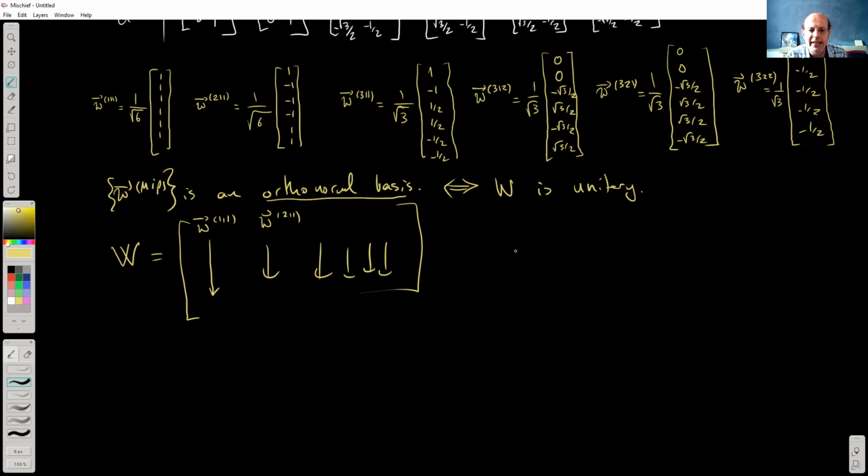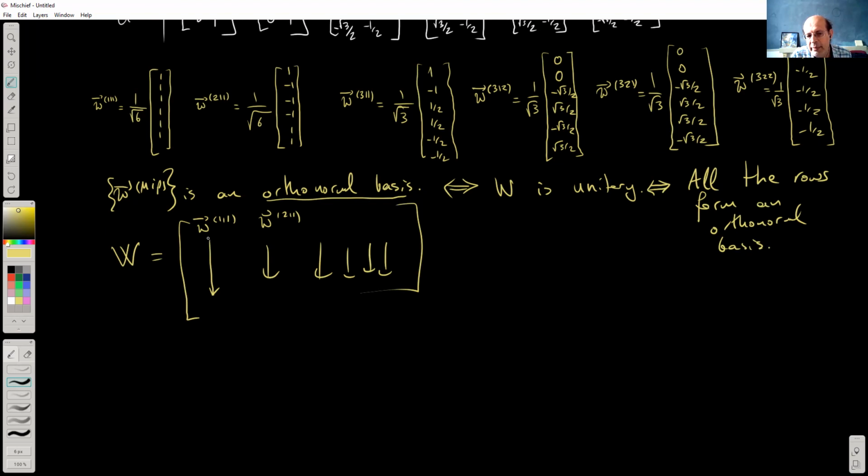That's what I'm using in here. And I have also said that a matrix is unitary if all the rows form an orthonormal basis. So let me write this thing down like that: all the rows form an orthonormal basis. These two statements are essentially the same.